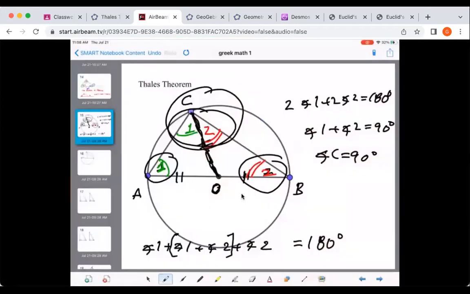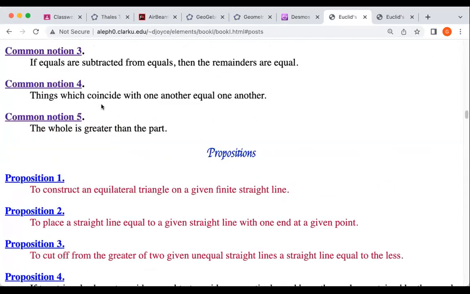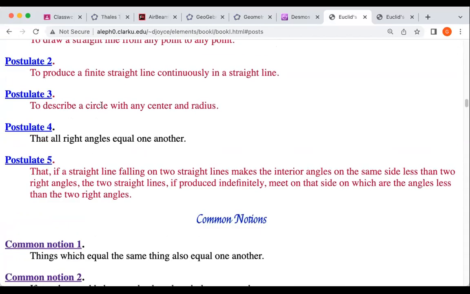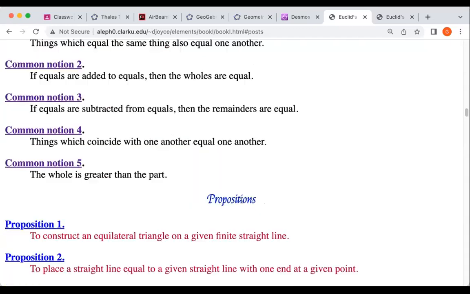Okay, so now that we've done Thales, it's time to look at propositions from Euclid's Elements themselves. And if I come over here, you can see that after the common notions and the 5 postulates, including the dreaded postulate 5, we have the propositions. There are about 400 propositions.